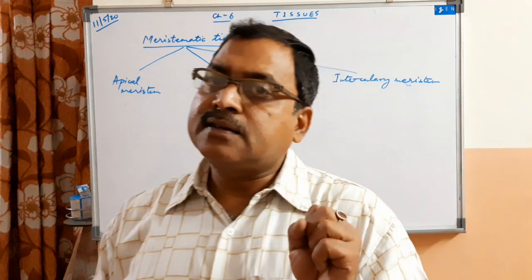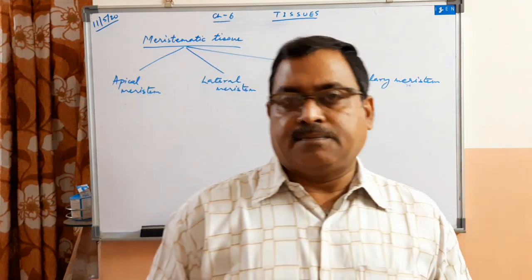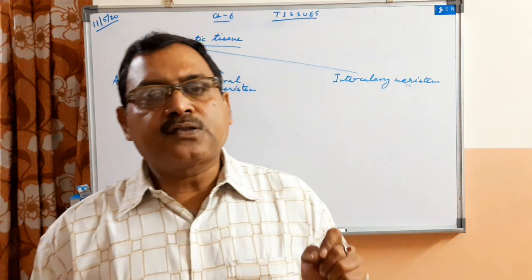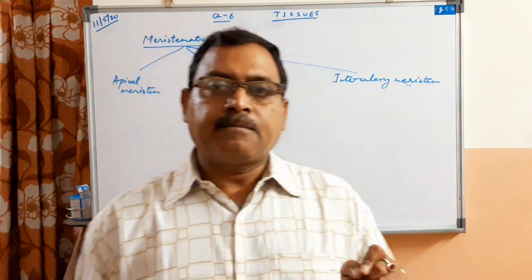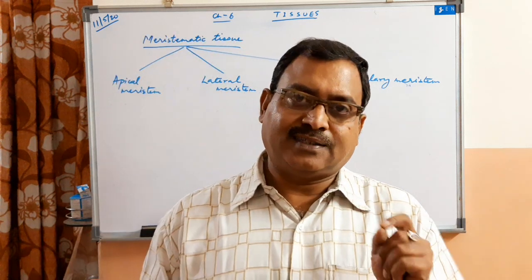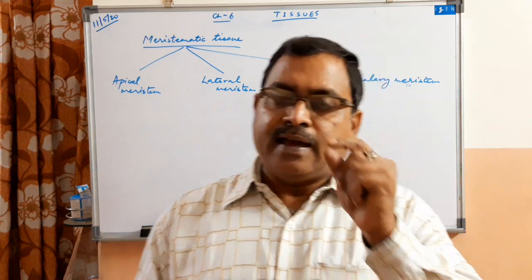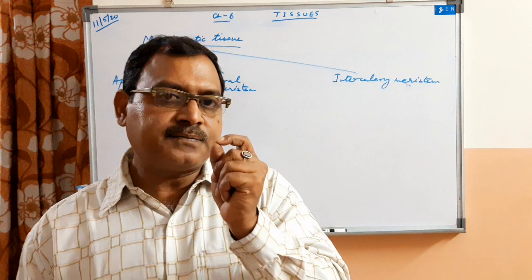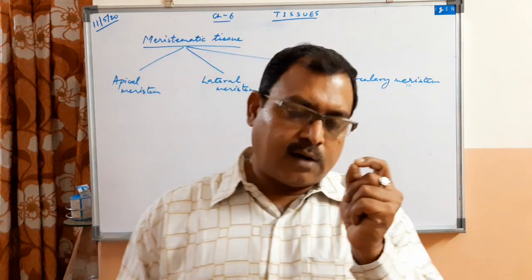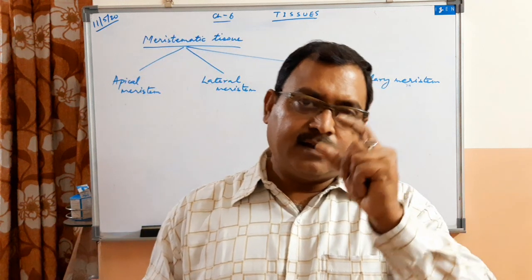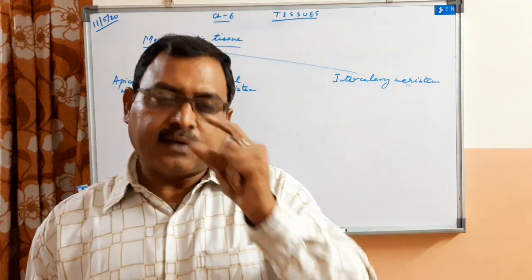And third is intercalary meristem. Intercalary meristem is present basically at the nodes, that is, between the nodes, at the base of leaves, that is the petiole, and at the internode, that is between two nodes.